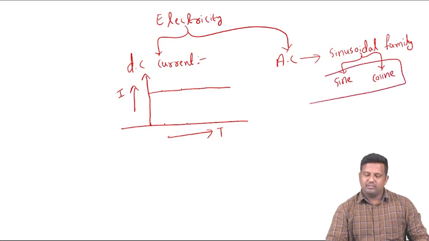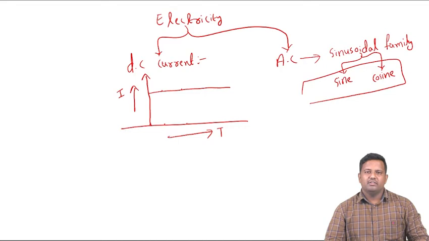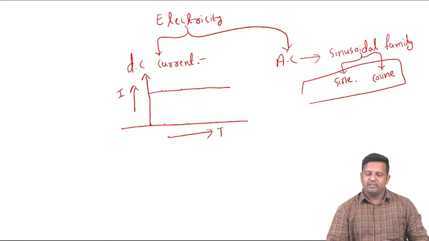We choose the sine and cosine signals as alternating current signals. We generate these sine and cosine current signals at alternators, and we transmit them through long length conductors to the point of loads where people consume this AC electricity. So many time varying signals are available in general, but we choose the sinusoidal family signals like the sine signal and cosine signal as alternating current signals.